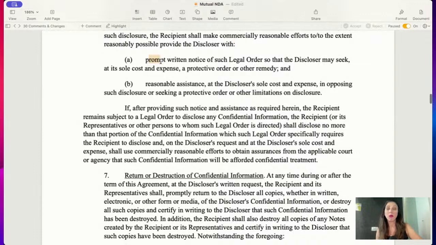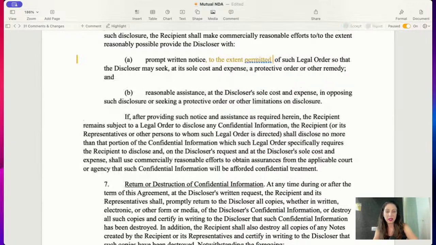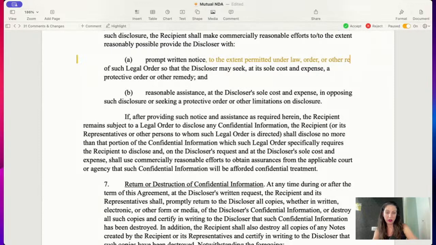I have to give prompt written notice of that legal order to the discloser so that the discloser may seek, at its sole cost, an expensive protective order. And I don't like that because that requires that I tell them. Well, what if I am prohibited by law from doing so? Prompt notice, to the extent permitted under law, order, or other regulation.